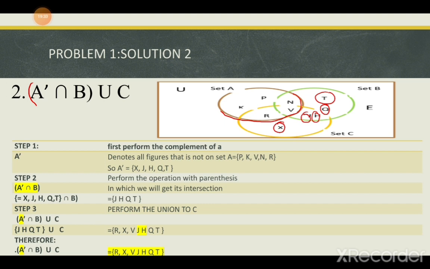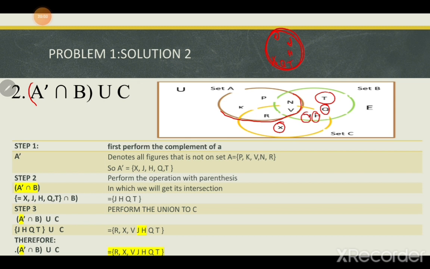Okay? But what is your B? Take note, meron akong A prime: J, H, X, Q, and T. Bakit siya naging A prime, sir?